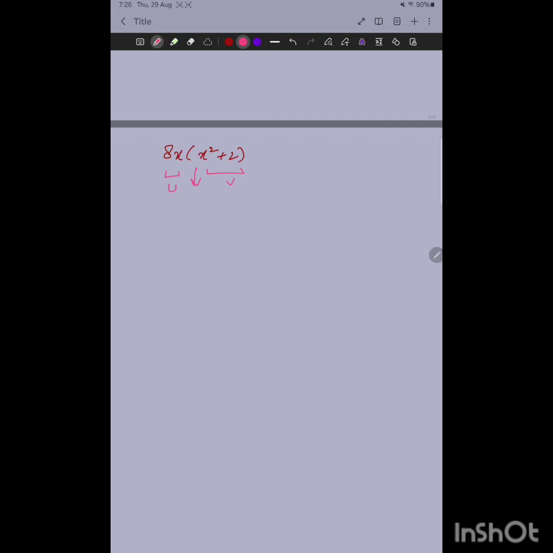If we take the multiplication, 8x will be multiplied with x square and it will be 8x cube, then 2 and 8 will be multiplied and it will be 16x. Now you can take the derivative, like you know, the power becomes the coefficient and power minus 1. You have to learn this line. Just learn this line, your life will be easy.